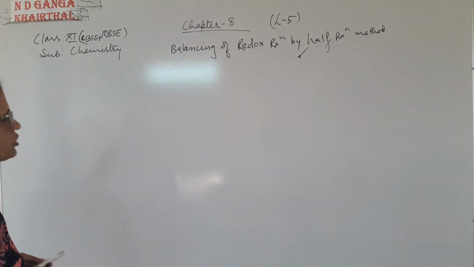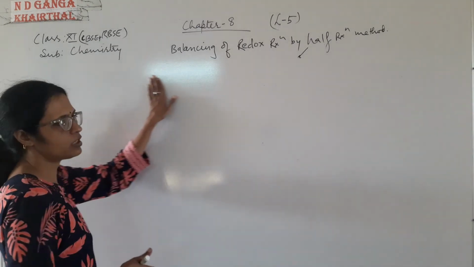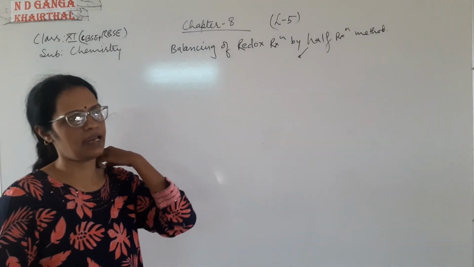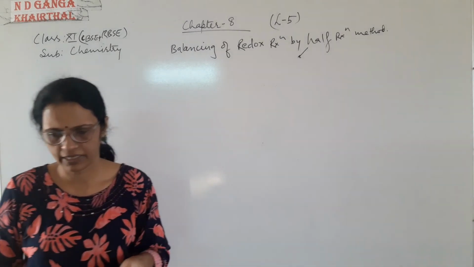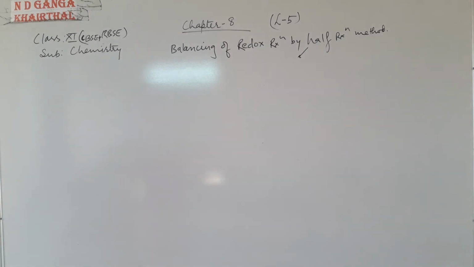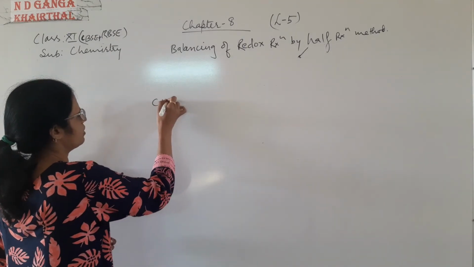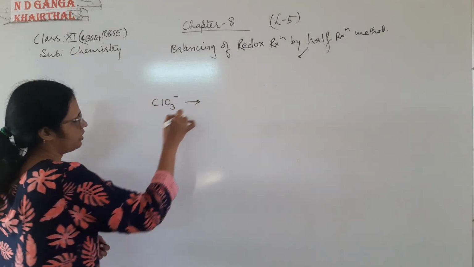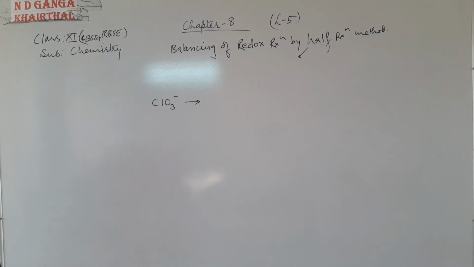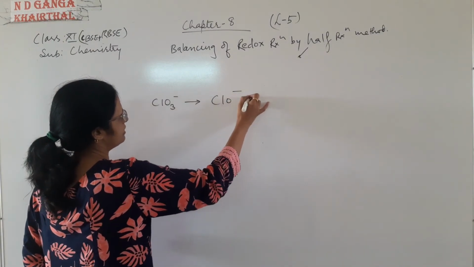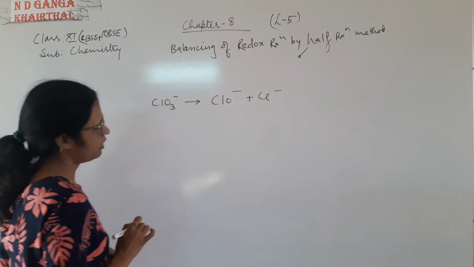What is a disproportionation reaction? A disproportionation reaction is a reaction in which a substance is oxidized and reduced simultaneously. For example, ClO3⁻ is converting into ClO⁻ and Cl⁻.